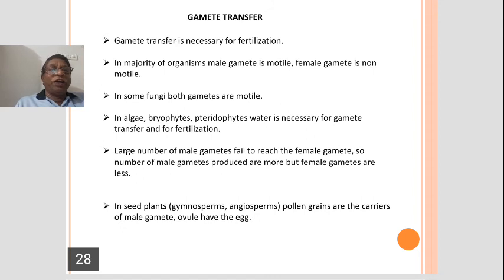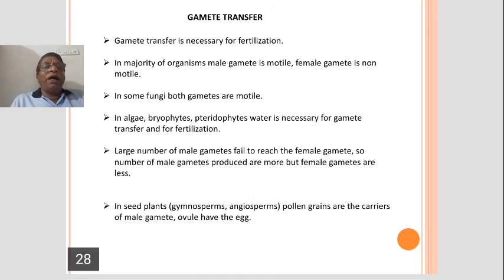How does this take place? Since the male gamete has cilia, for the movement, water is necessary for gamete transfer. Then fertilization takes place.